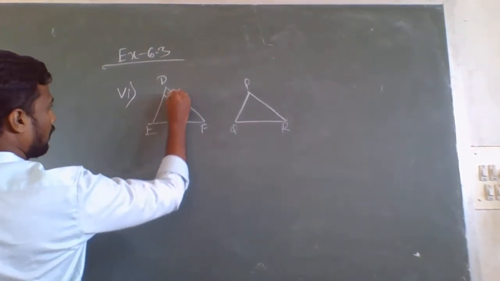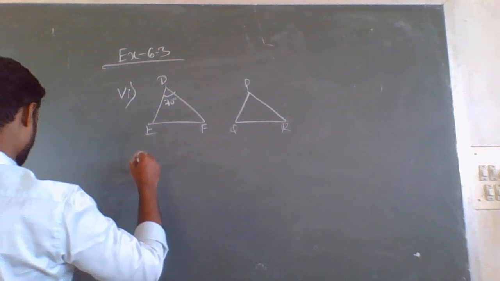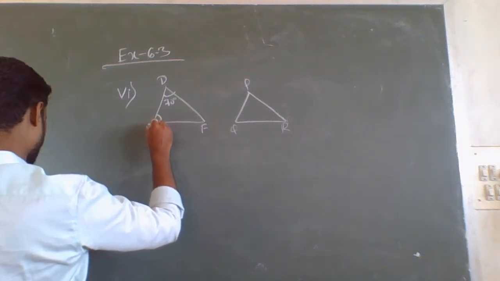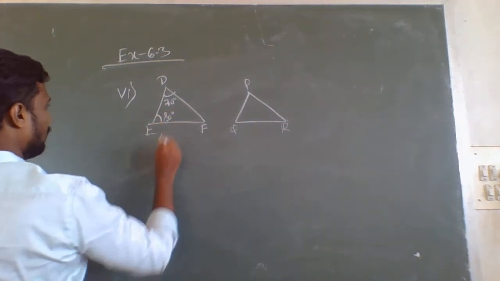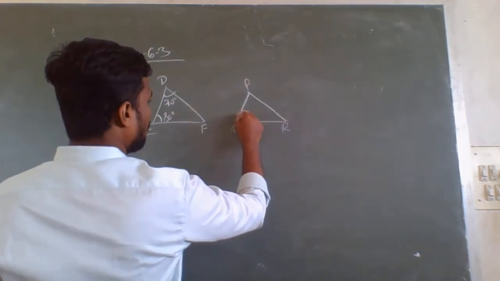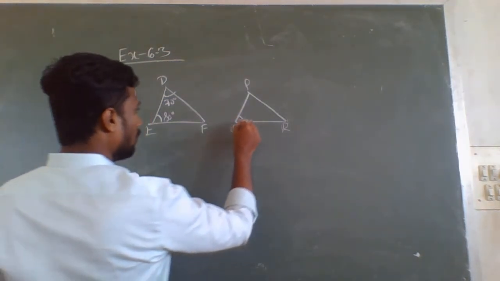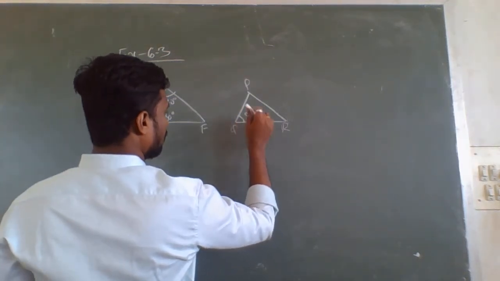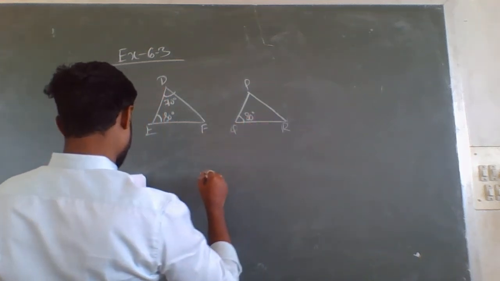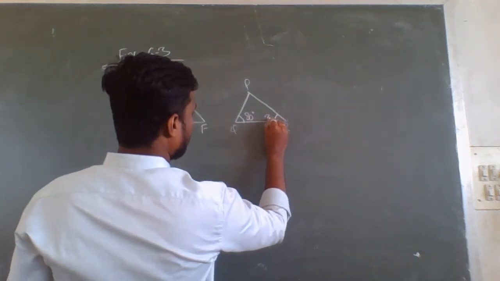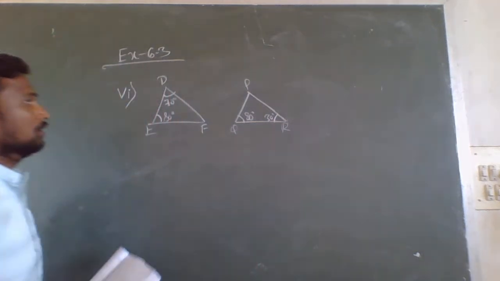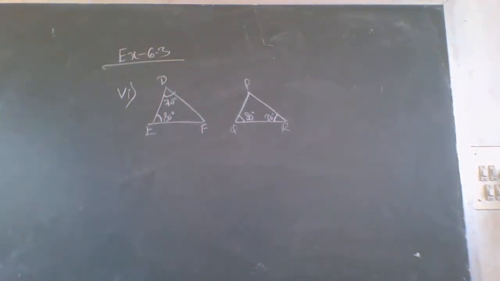Here angle D is 70 degrees, angle E is 80 degrees, and here angle Q is 80 degrees, angle R is 30 degrees. Now in the sixth problem, what have they given here?